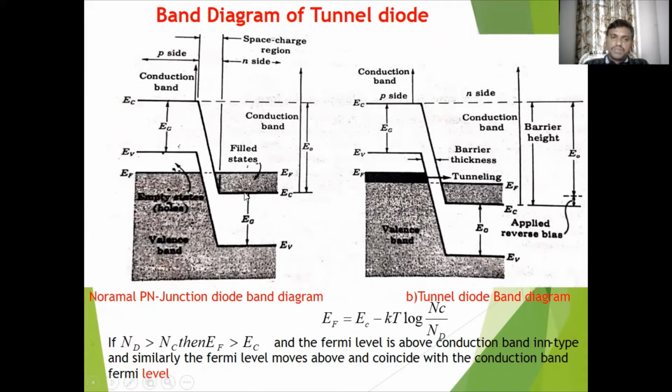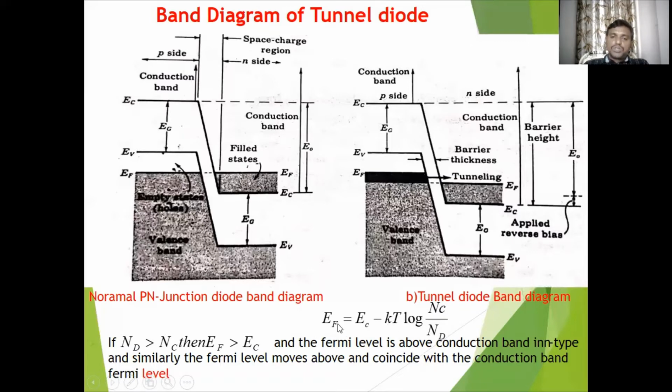This diagram is somewhat wrong. Here EC is presented as the lower energy level of the conduction band of the n-type, but the Fermi level for a normal diode, if the donor concentration is less than NC, will give a more positive value.